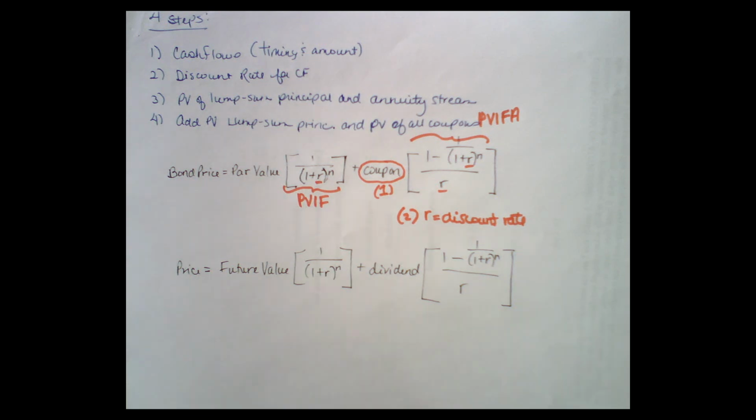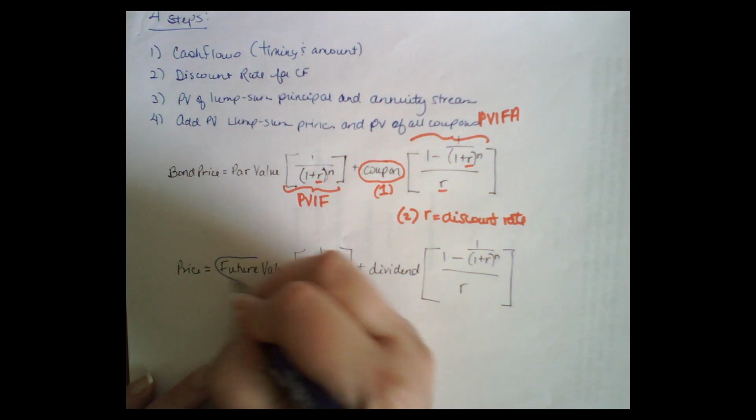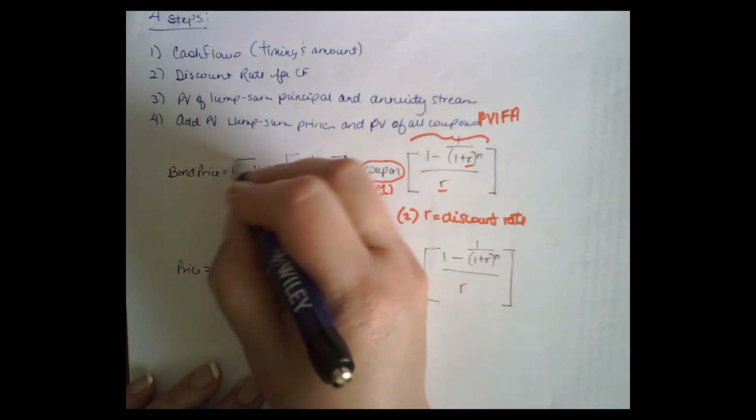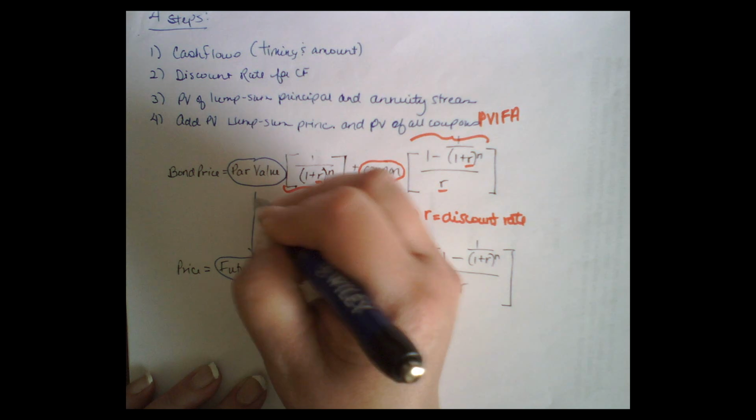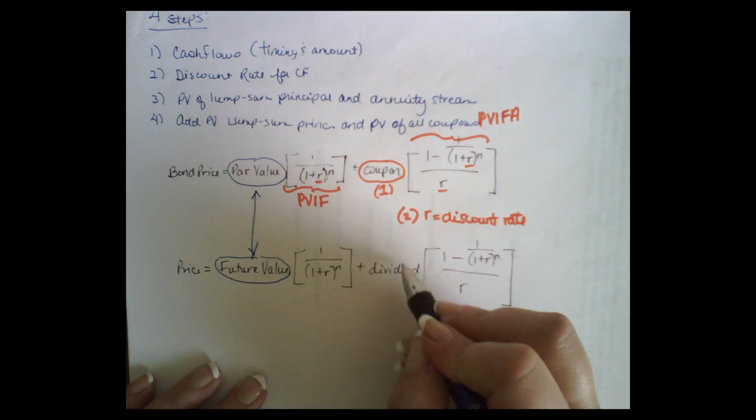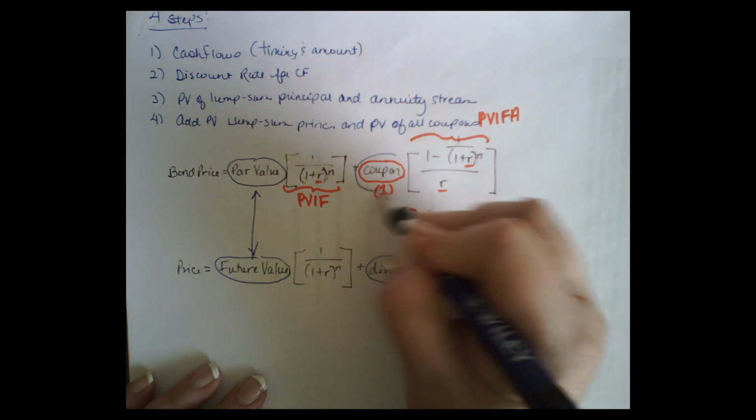The only difference between these 2 formulas is the use of the terms future value or future price instead of par value, and the use of the word dividend instead of coupon.